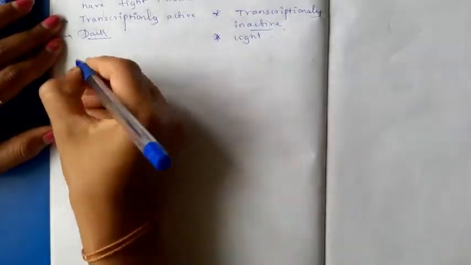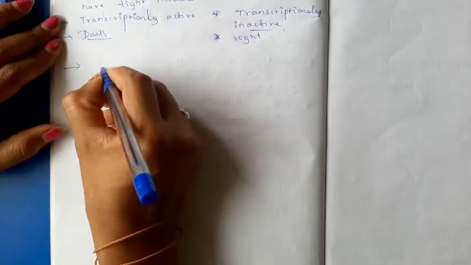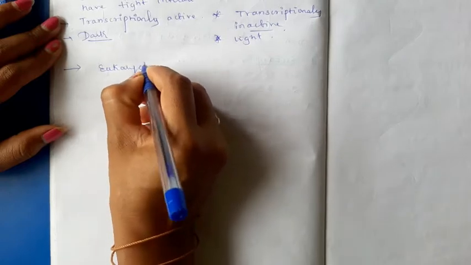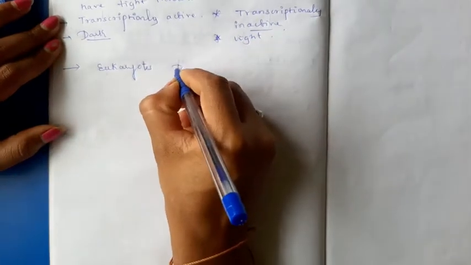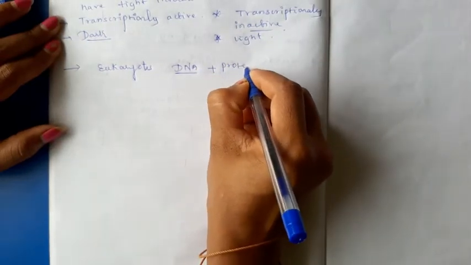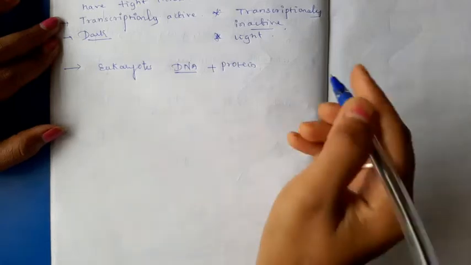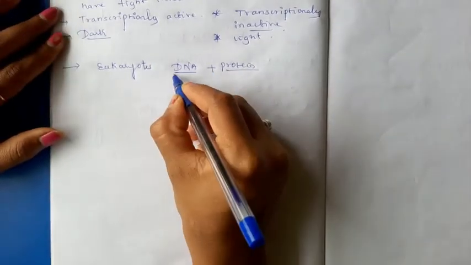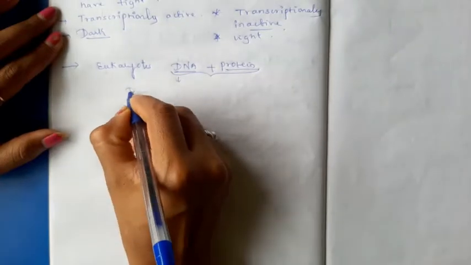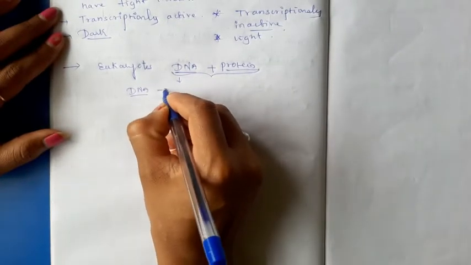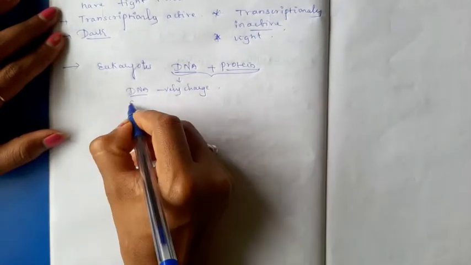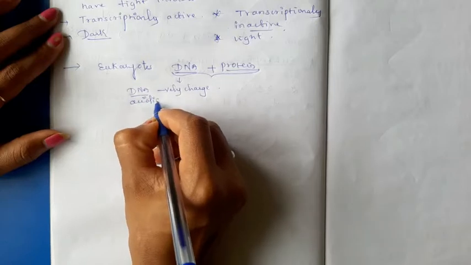You know that in eukaryotes, DNA always binds with protein. There is a tight interaction between DNA and protein. DNA is negatively charged and acidic in nature.